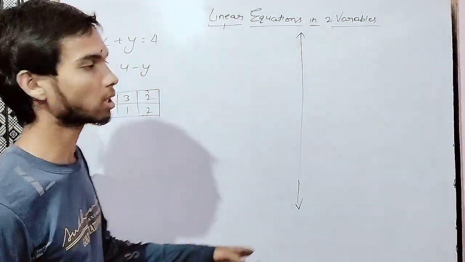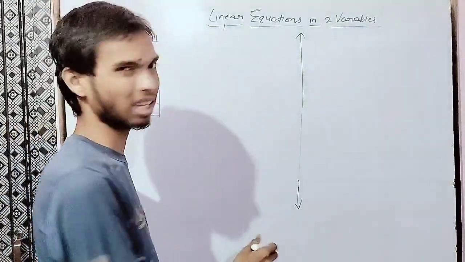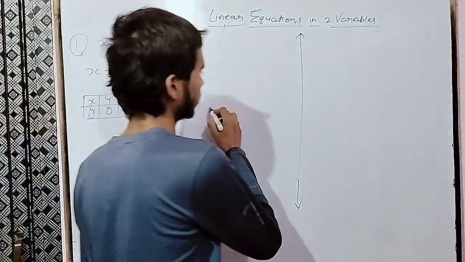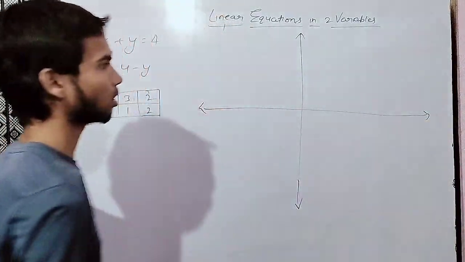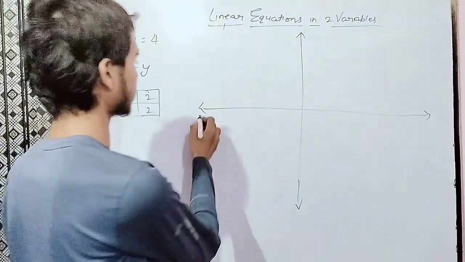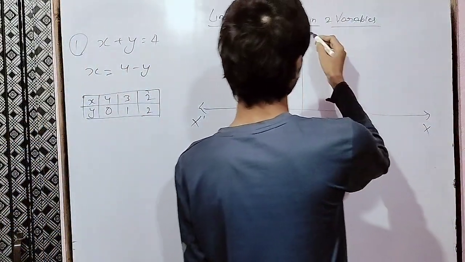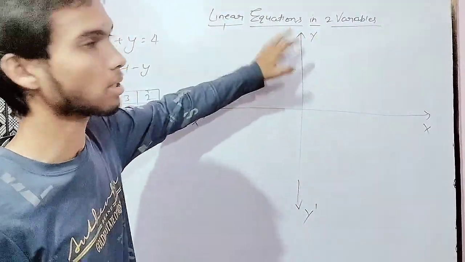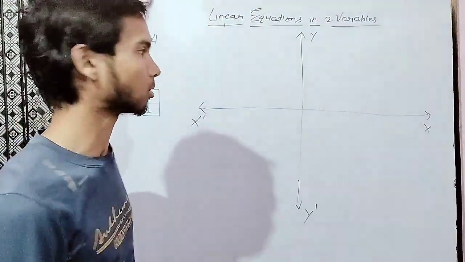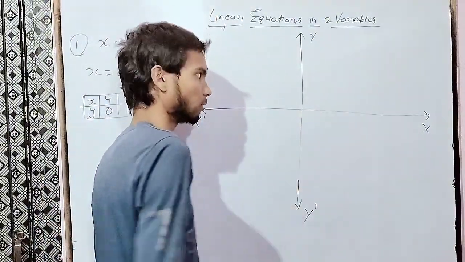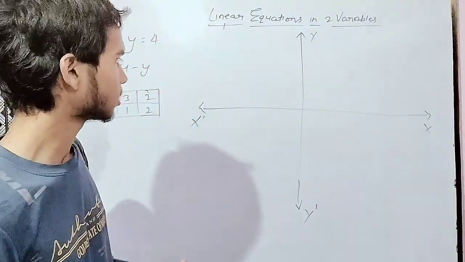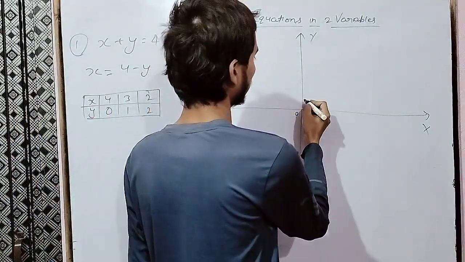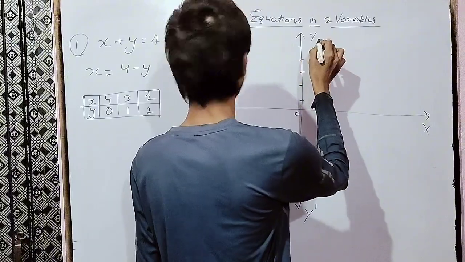This is horizontal, also known as the x-axis. This is vertical, the y-axis. The two lines intersect at 0. Upward, the y-axis will be with addition: 1, 2, 3, 4, 5.